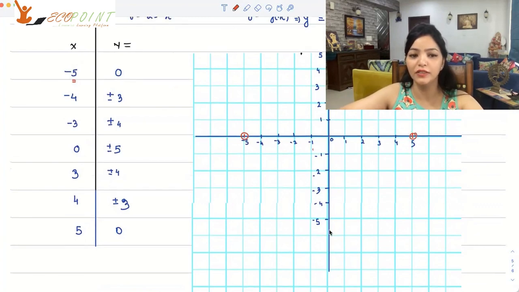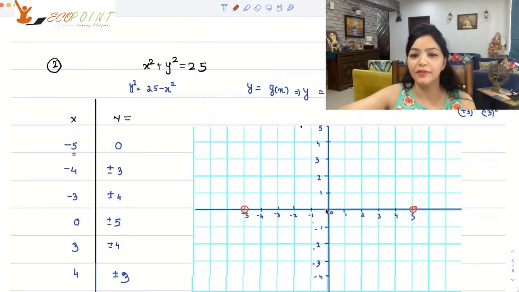So considering the last point as well, 5, 0 would get represented here. When x is minus 4, out here, y is plus or minus 3. So with minus 4, y can be here also 3, and it can be here also as minus 3.